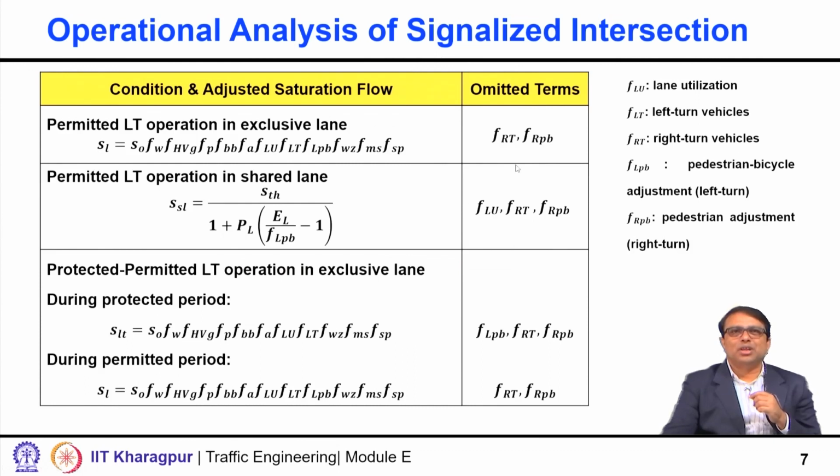The left turning pedestrians will come into the picture. What will get omitted is only the right turning vehicle adjustment factor and the pedestrian bicycle adjustment for the right turn lane, that will not be there, but otherwise the pedestrian adjustment factor for the left turning, you can see FLPB, that is there.